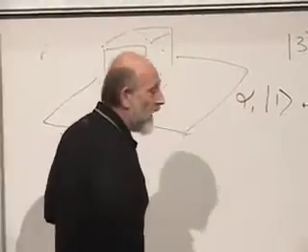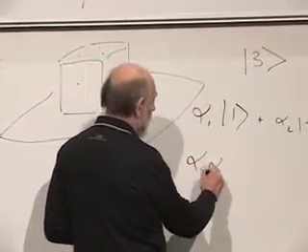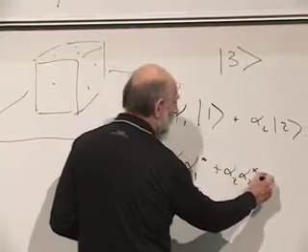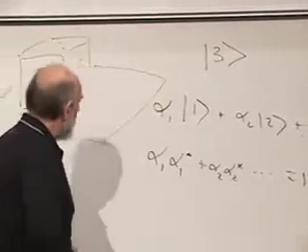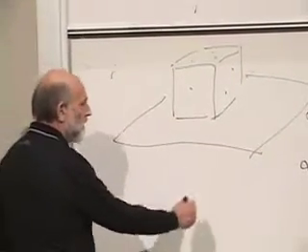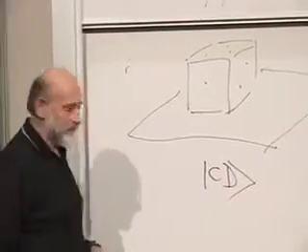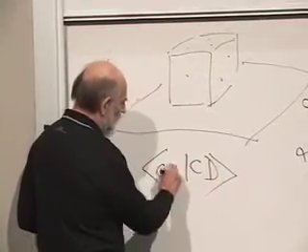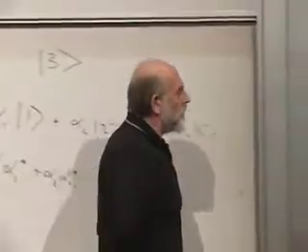Likewise, for the die, we have alpha_1 star alpha_1 plus alpha_2 star alpha_2 equal to 1. And if we call the state CD, for confused die, then its inner product with itself is also equal to 1.